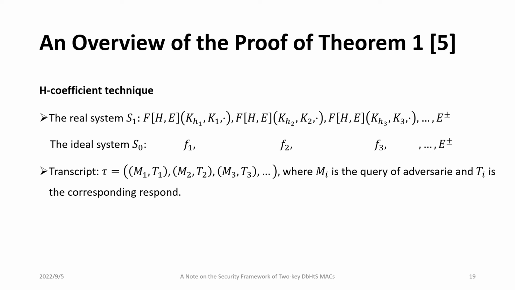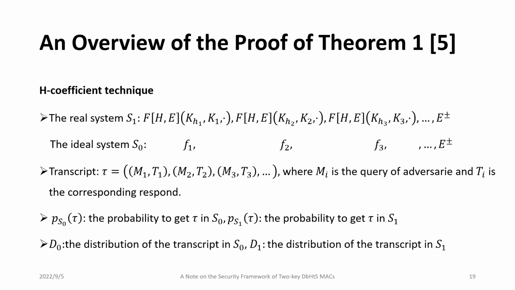Then, the resulting interaction can be recorded with a transcript tau, which equals M1 T1, M2 T2, M3 T3, and so on. Let P_Si(tau) denote the probability that Si produces tau, and Di denote the distribution of the transcript in Si.